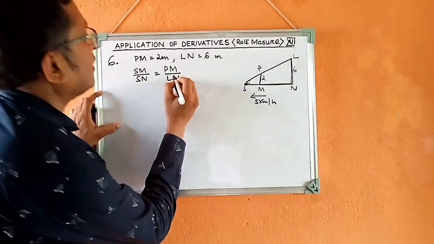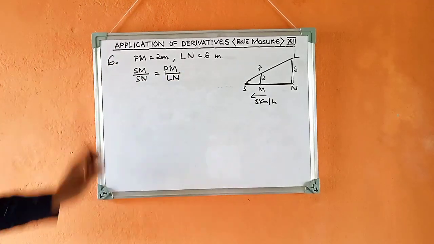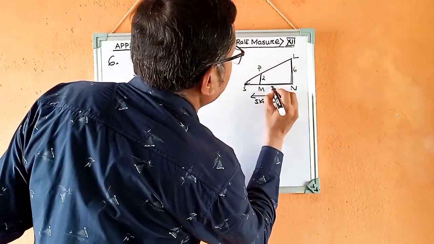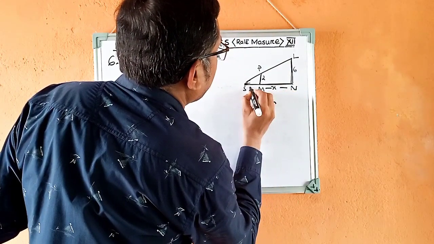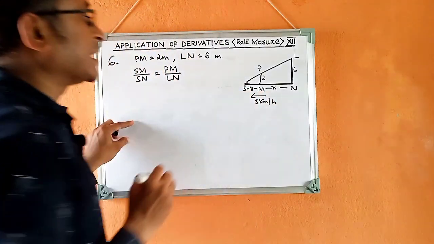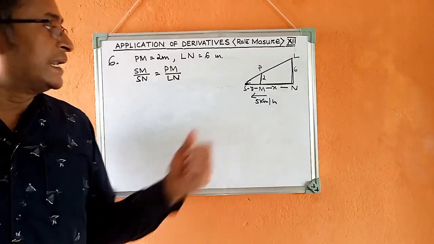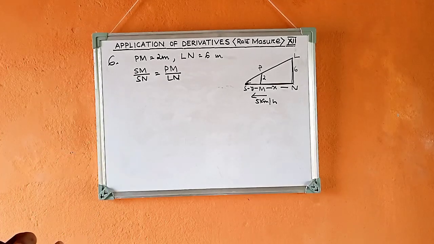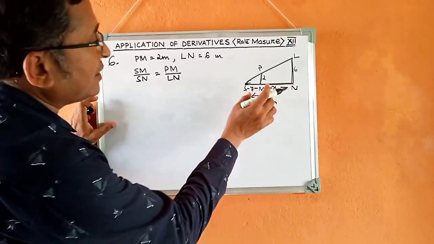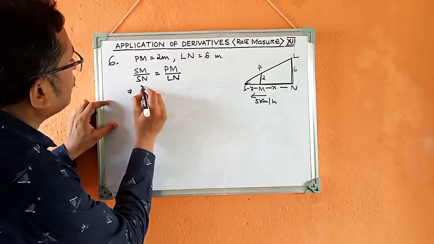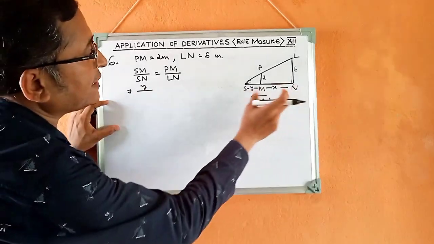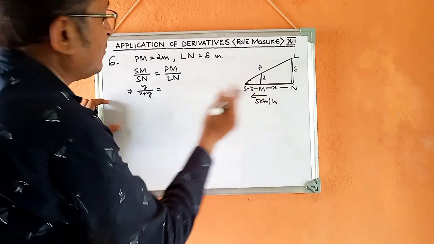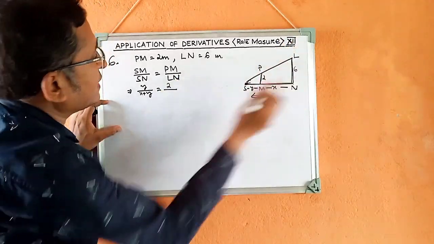Now we take MN equal to X and SM equal to Y. So we can write Y divided by SN, that is X plus Y, equal to PM, that is 2, divided by LN, that is 6.